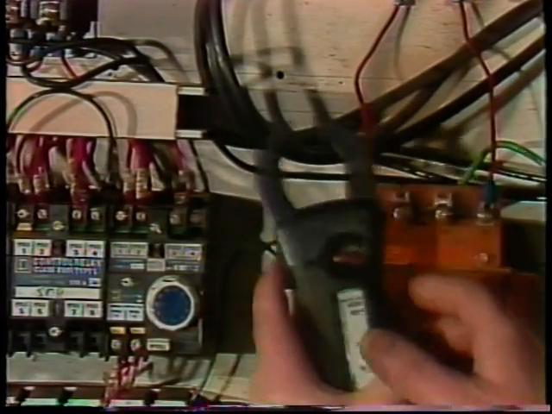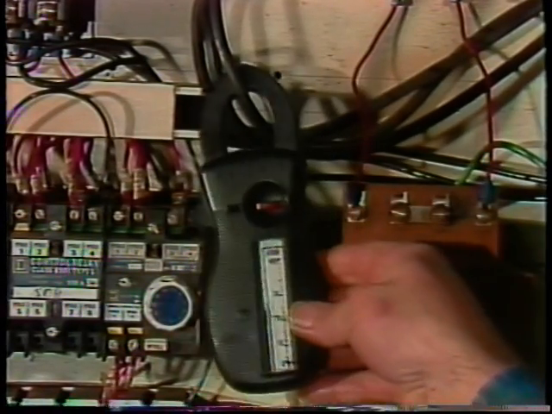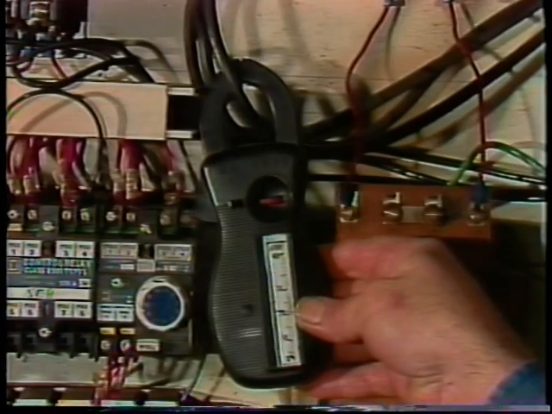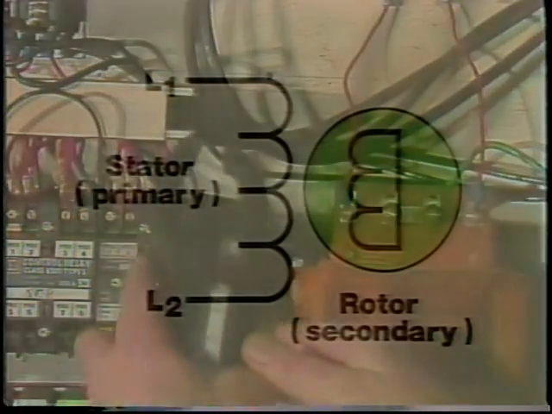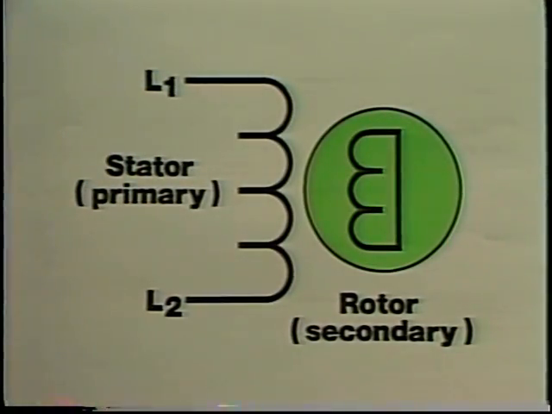The current an induction motor draws from the lines depends roughly on the current induced in its rotor. This is because an induction motor is a kind of transformer, with the stator windings as the primary and the rotor cage as the secondary. In all transformers, primary and secondary currents are directly related.